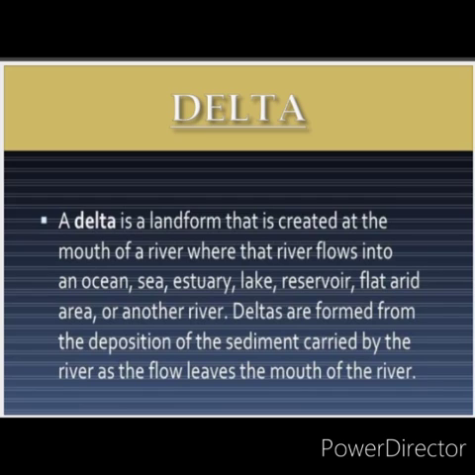A delta is a landform that is created at the mouth of the river, where that river flows into an ocean, sea, estuary, lake, reservoir, flat, arid area, or another river. Deltas are formed from the deposition of the sediments carried by the rivers as it leaves the mouth of the river.